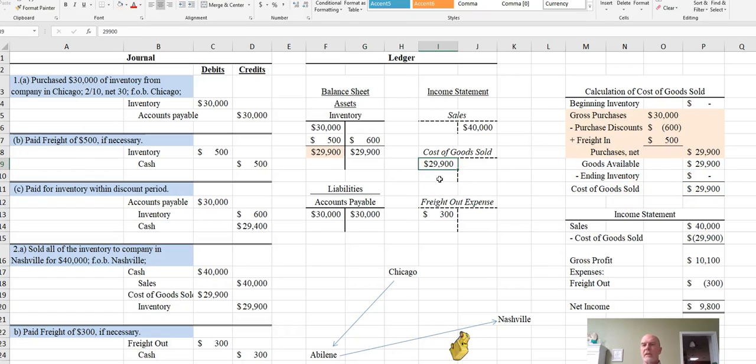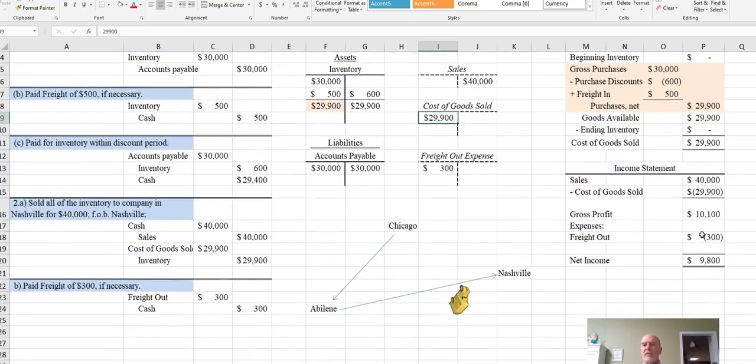We can see that in the account. And that $29,900 is now subtracted from sales. We get a gross profit. For these two numbers here, that's what goes into the calculation of gross profit, sales minus the $29,900.